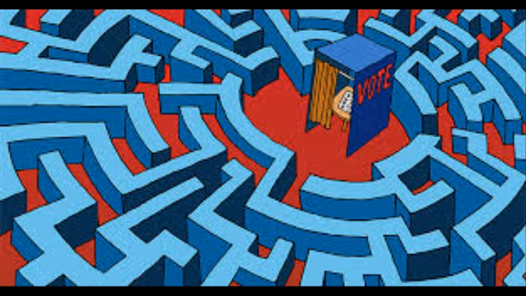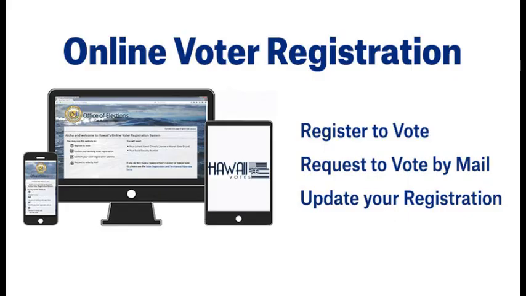When we take a look at a lot of the research, one of the biggest impactors on whether or not a state has higher or lower voter turnout is the ease by which a person can register to vote. So the states that have more difficult registration processes tend to have lower voter turnout. The states that have easier voter registration processes tend to have greater voter turnout.